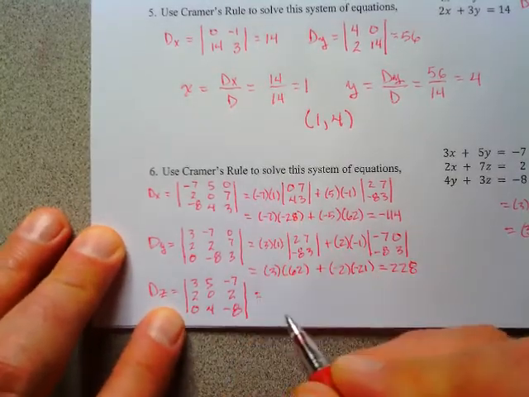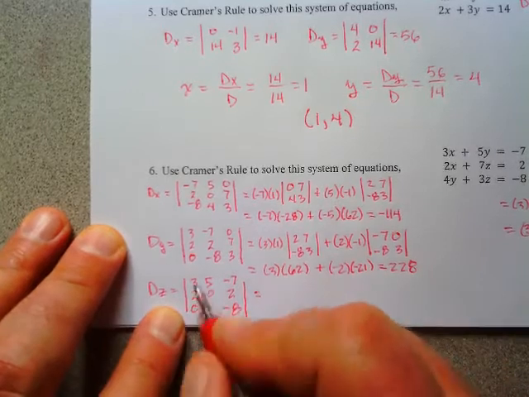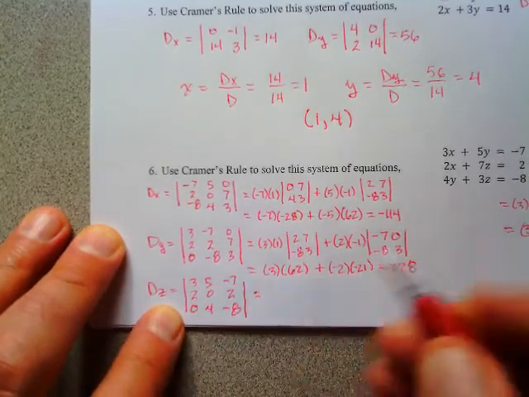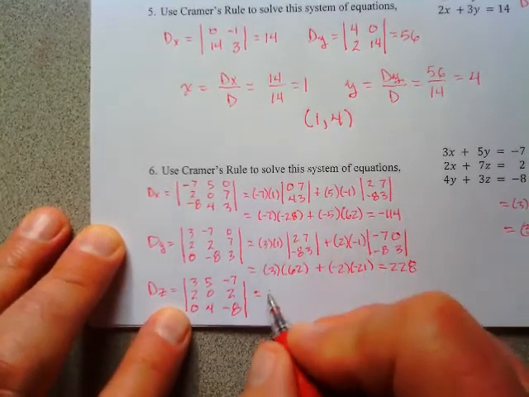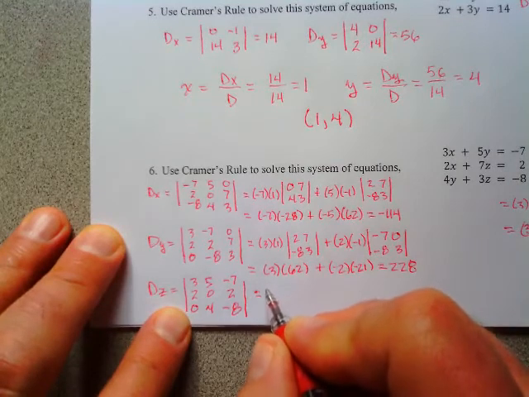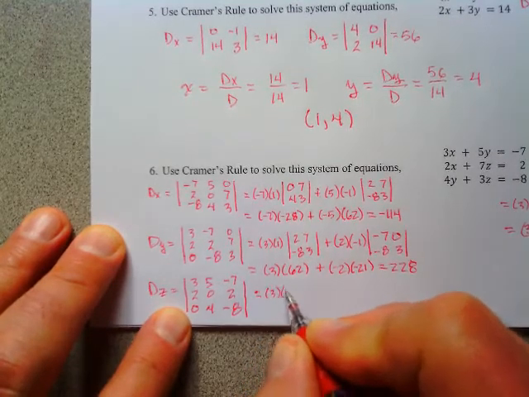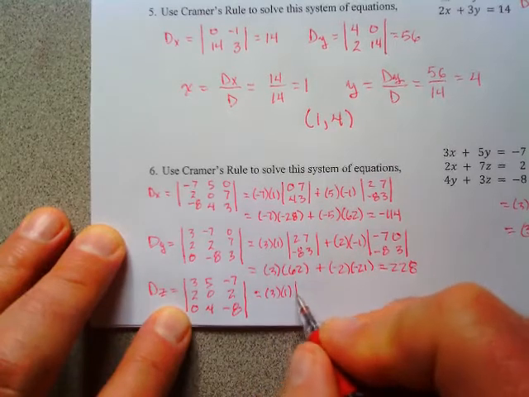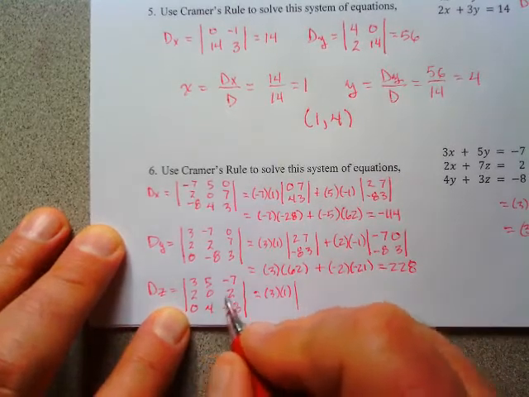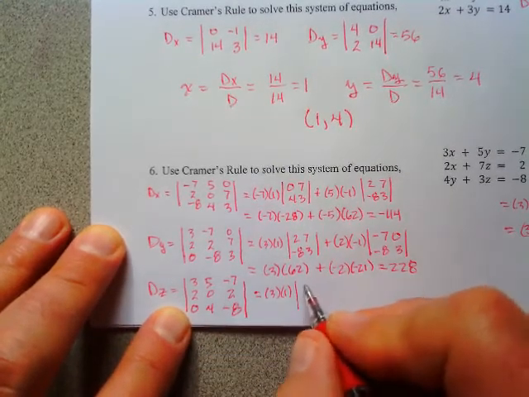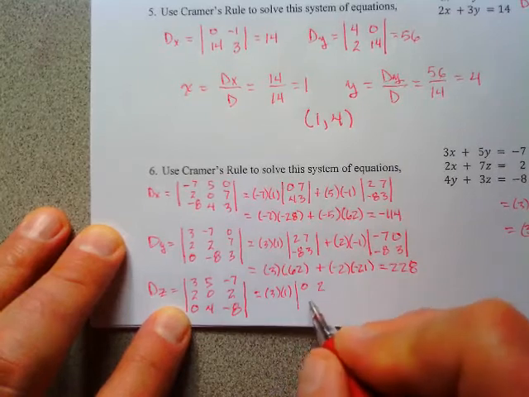And this one, I can also go here. Again, I'm just picking one of the spots that has a 0. So that's going to be 3, 1. And this time, let's see, it's 0, 2, 4, -8.